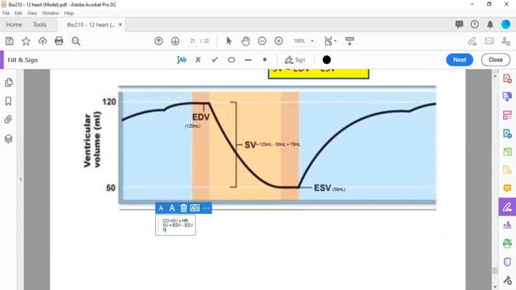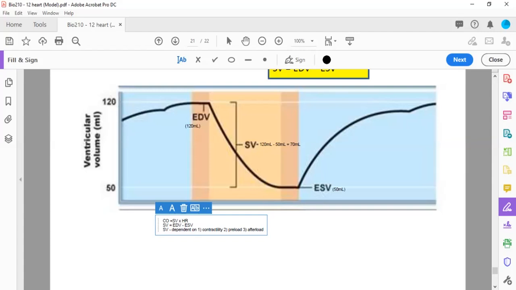Now we know stroke volume is dependent on contractility, which means how strong the muscle of the heart is, preload, which means the volume in the ventricles before contraction, and afterload, which means the resistance inside the systemic circuit and pulmonary circuit that the heart has to overcome to eject the volume.